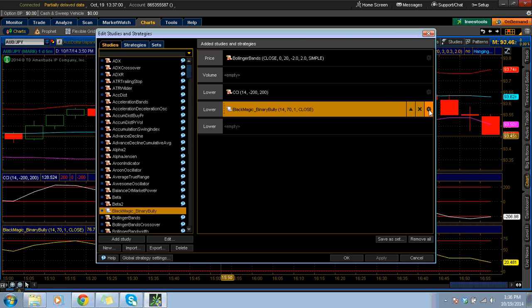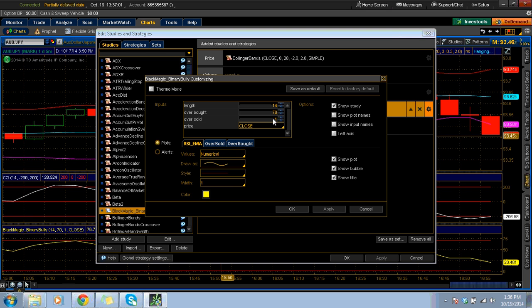choosing this little settings icon. You can have it set to 1 if you want. I did that because my indicator was going off too much, and it was kind of annoying. But you can also set this to 30 and choose OK.